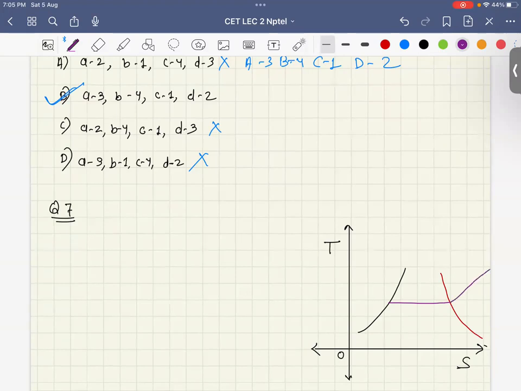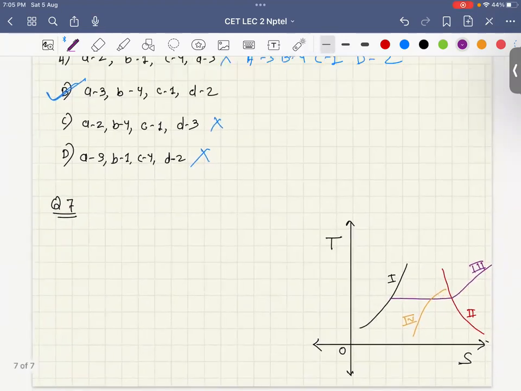The last one is like this. So this is number 4. This is number 1. This is number 2. And this is number 3.